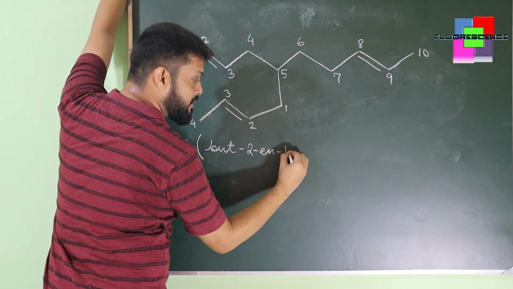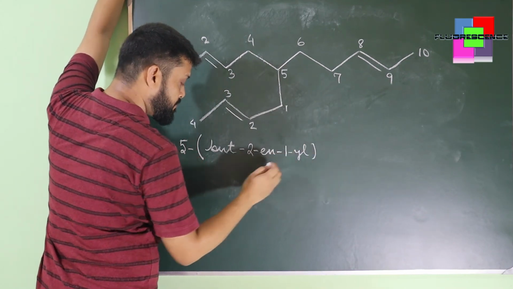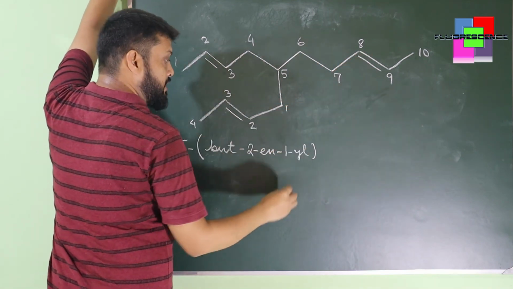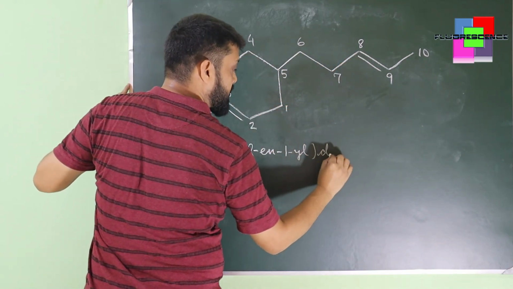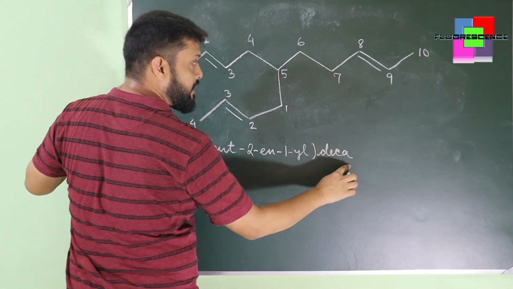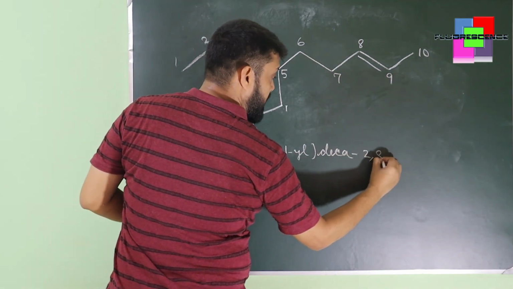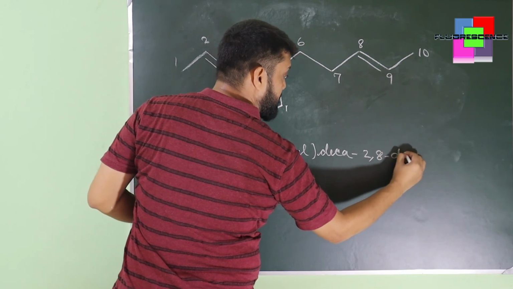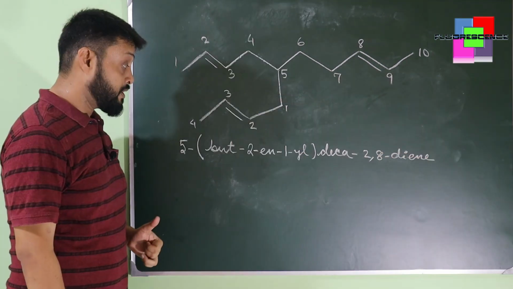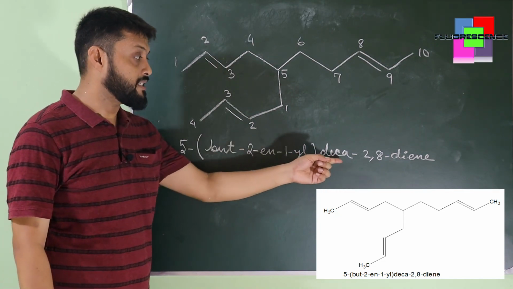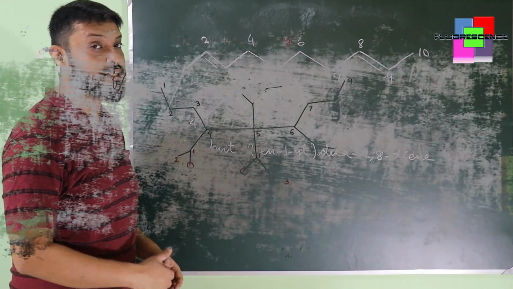So 1 yl, 5 but 2 yn 1 yl, and then the main one deca, because there are two double bonds, 2,8 diene. So the name of this compound is 5-but-2-yn-1-yl-deca-2,8-diene.